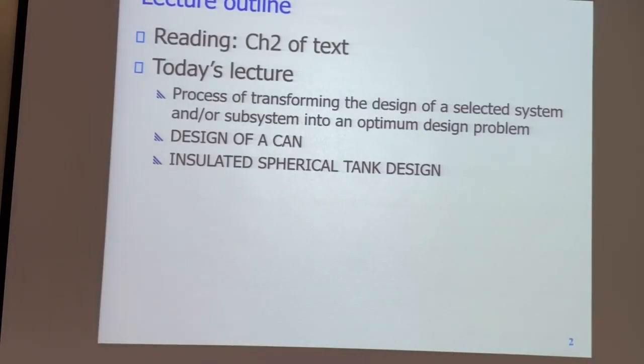Okay, so it will be good if you can read chapter 2 after we finish chapter 2. You will get a better understanding of this chapter by reading it by yourself.